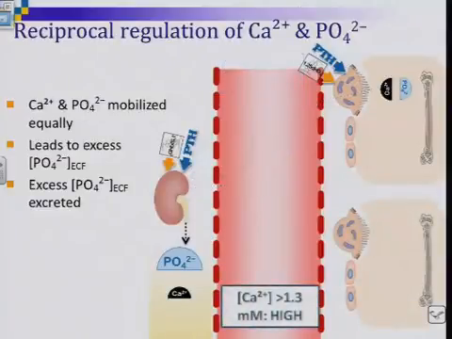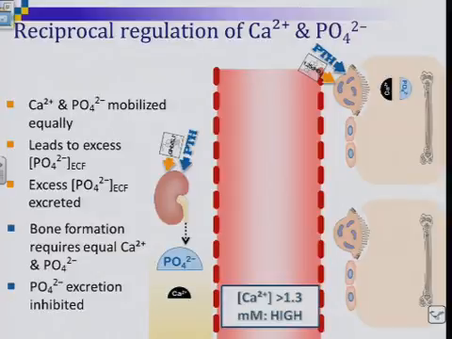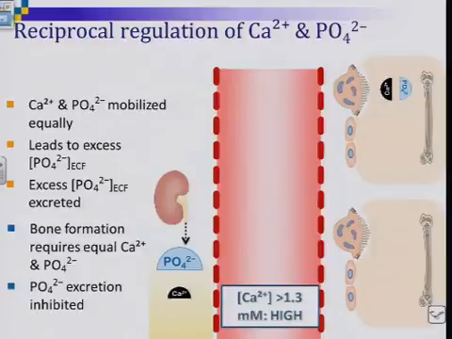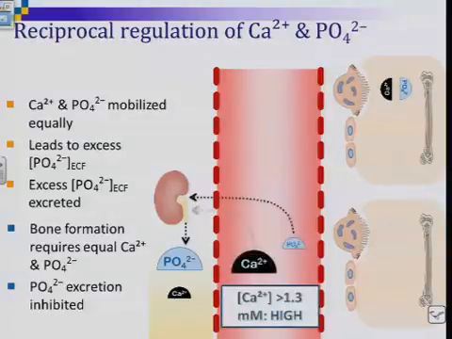Now, when calcium is high, under these conditions, we're favoring bone formation. Bone formation requires set molar concentrations of calcium and phosphate to make the hydroxylapatite. But now phosphate's too low in the extracellular fluid. Under these circumstances, the parathyroid hormone is very low, and vitamin D conversion is inhibited.